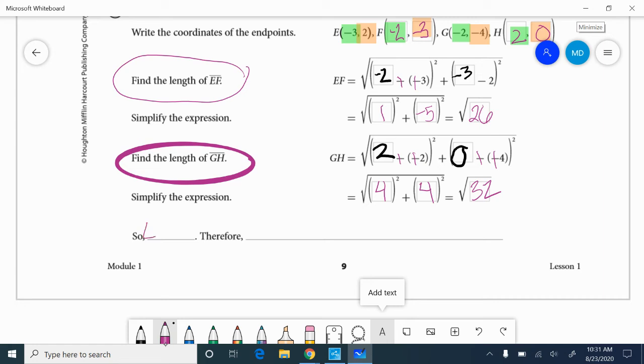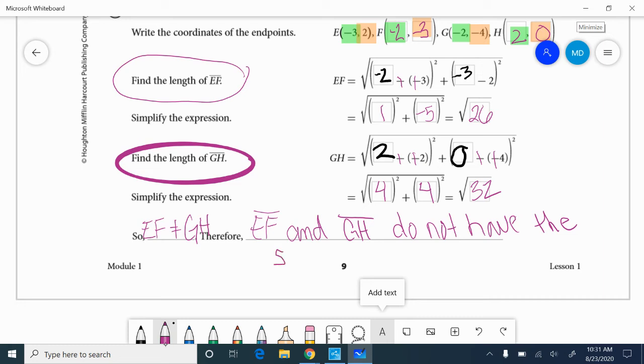So since EF does not equal GH, therefore segment EF and segment GH do not have the same length.